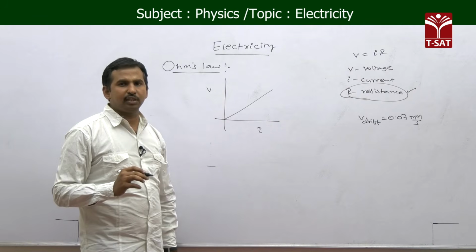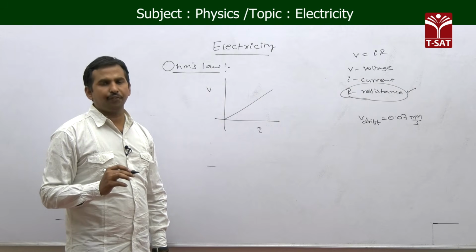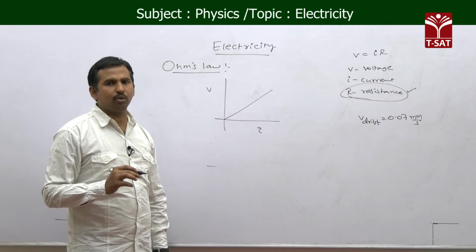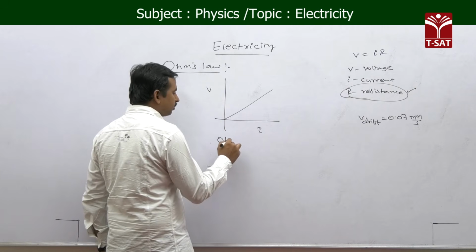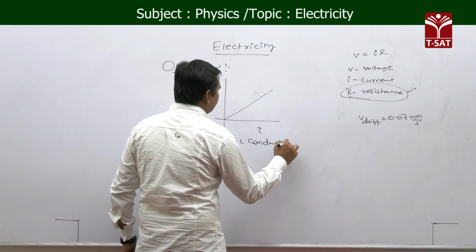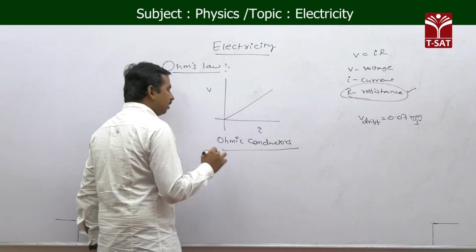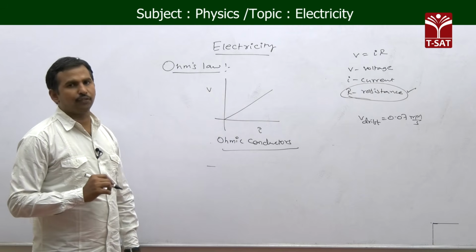If the voltage increases, the current also increases. V is directly proportional to I. This is only for ohmic conductors, which follow Ohm's law.